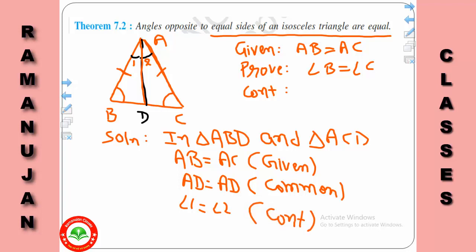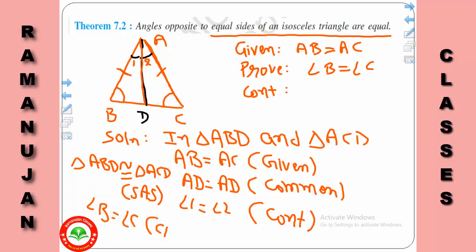That's why triangle ABD is congruent to triangle ACD by the side angle side rule. We have two sides and the included angle equal to the other triangle. So that's why angle B is equal to angle C by CPCT.